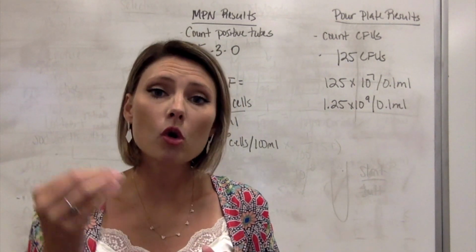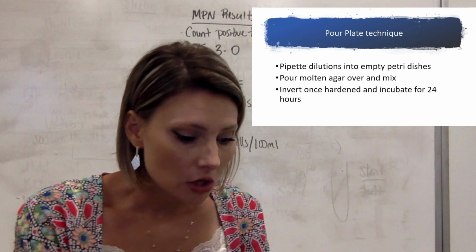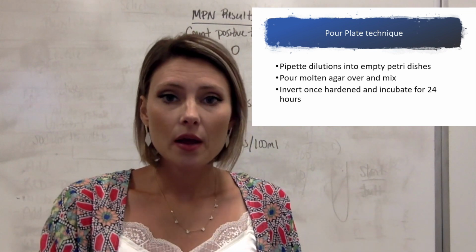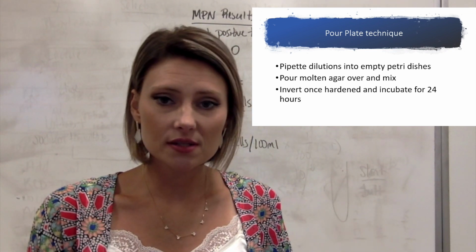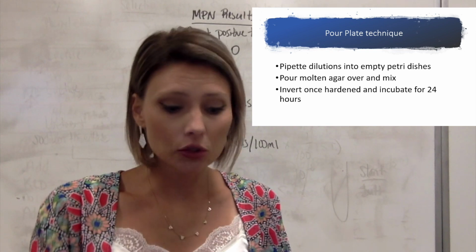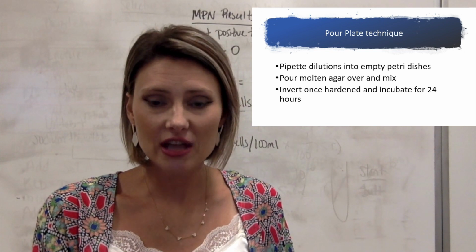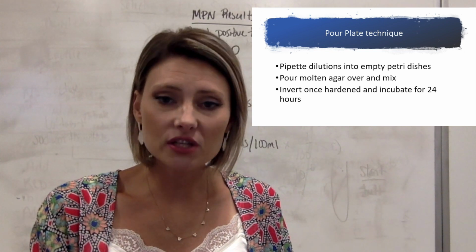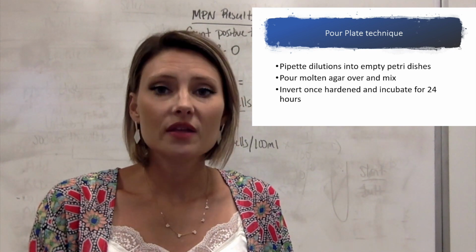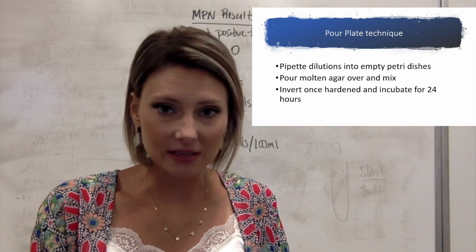It's called a pour plate because you are actually going to be plating out your dilutions, so putting the liquid, the dilutions, into an empty Petri dish, and then pouring the molten agar over the dilution and then mixing.